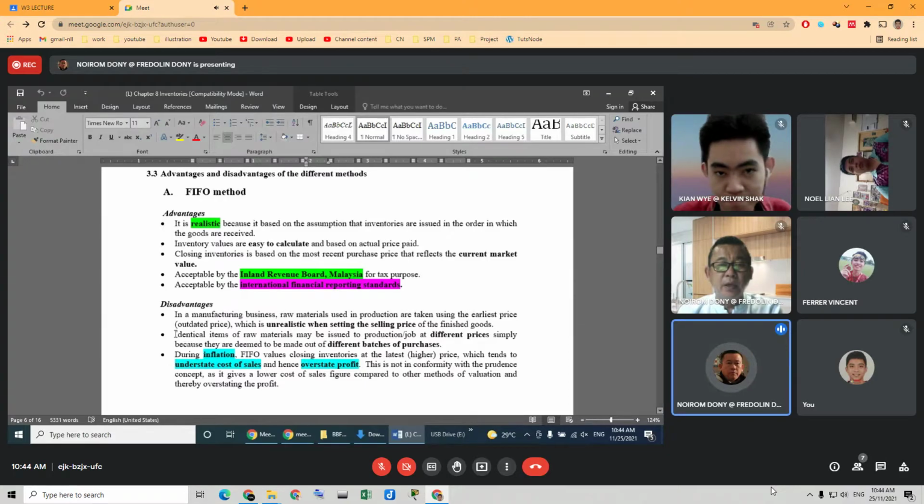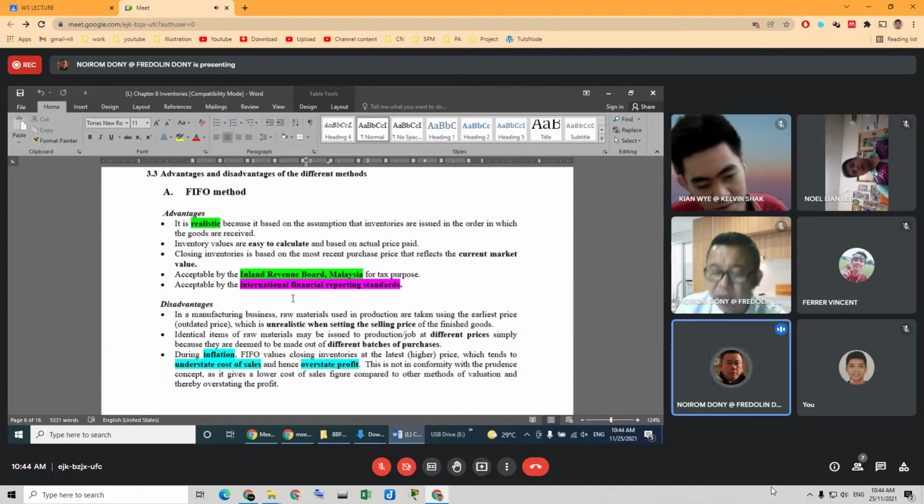Now we have 3 disadvantages of first in, first out. Because in a manufacturing business, raw material used in the production is taken using the earliest price, the outdated price, which is unrealistic when setting the selling price of the finished good. You see, when we charge into the cost of sales, we are not using the latest price.